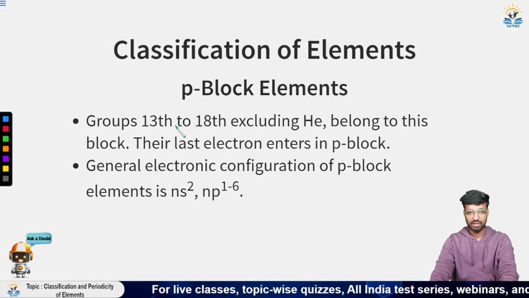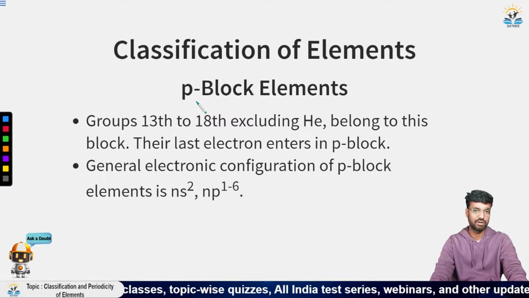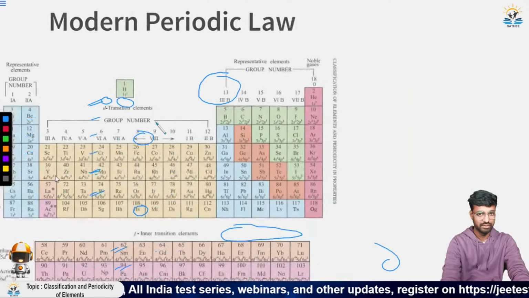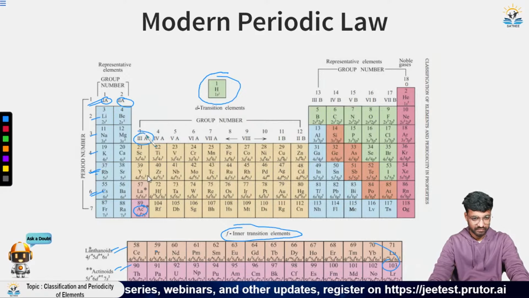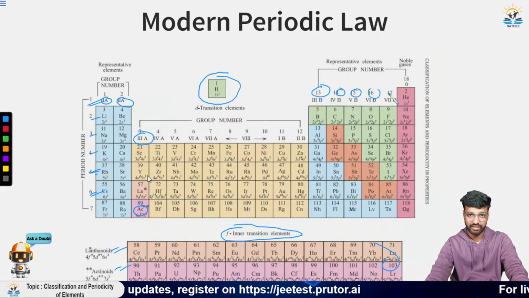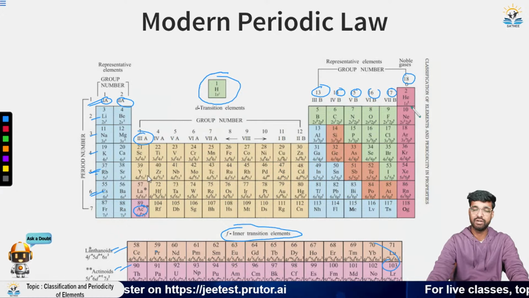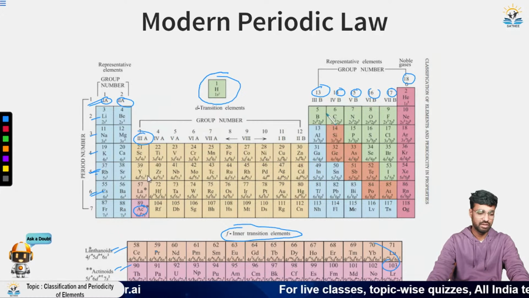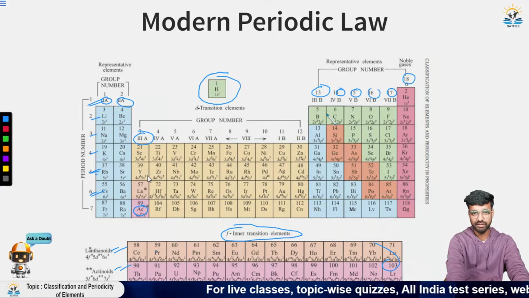Now let us move to another, that is p block elements. P block elements go from 13 to 18. You can see here that we have 13, 14, 15, 16, 17 and 18. Including the noble gases and halogens and so on, the P block is made here.